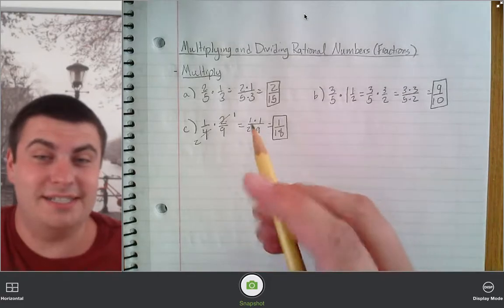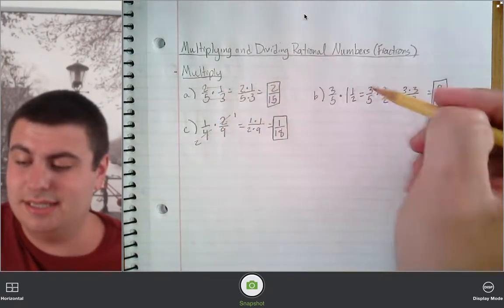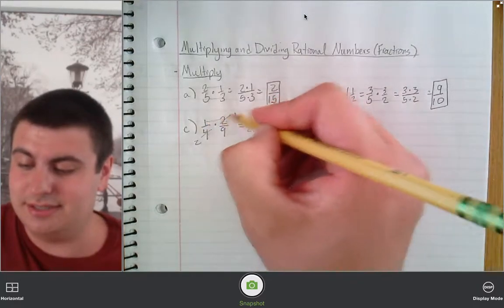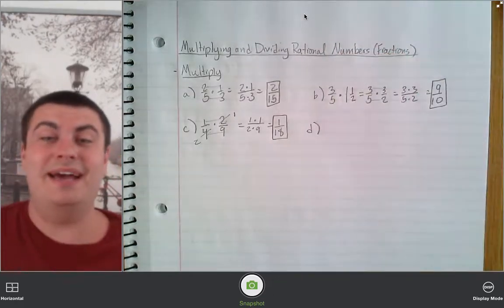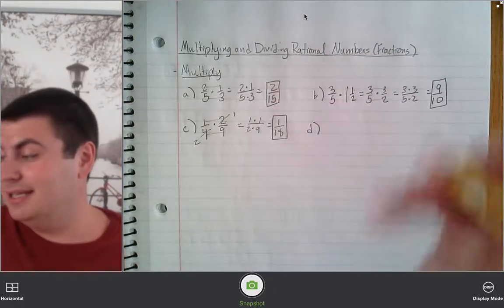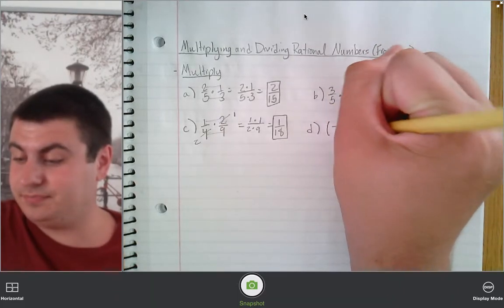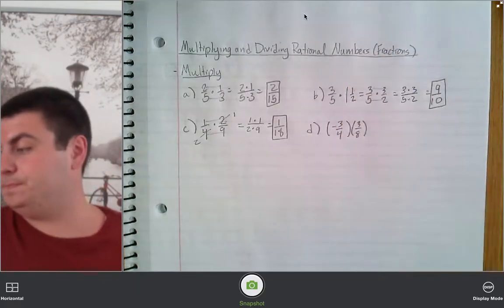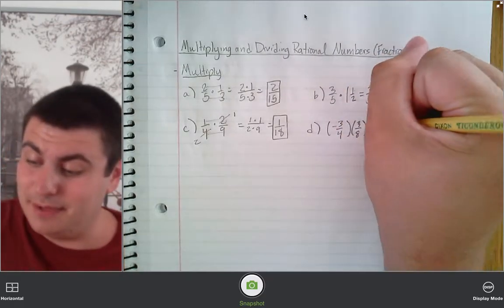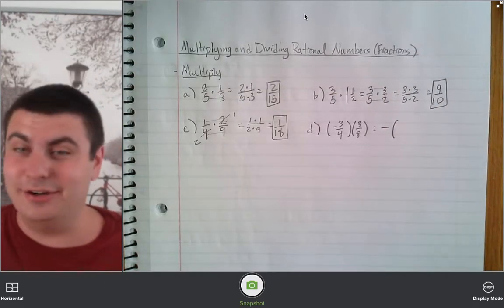Alright, with fractions, multiplying, it's super easy. We're multiplying straight across the numerators, straight across the denominators. Now, in the event that we have a negative that comes into play, so let's say we had negative 3/4 times 3/8. What's going to happen is we're going to move that negative outside of any grouping that we have.